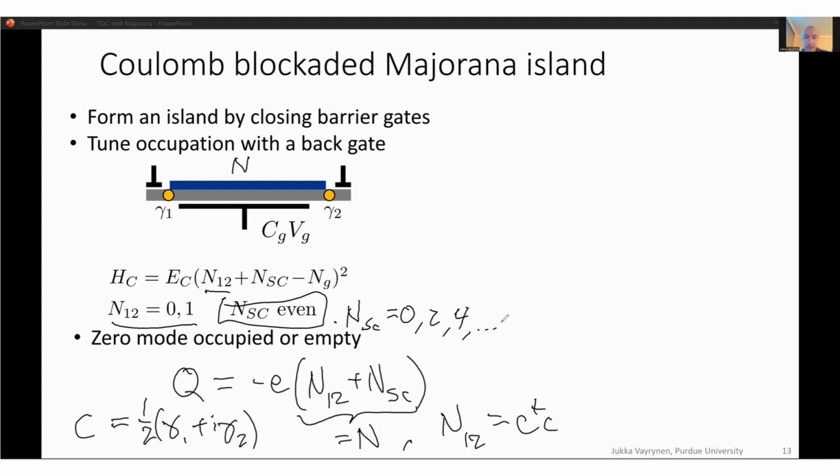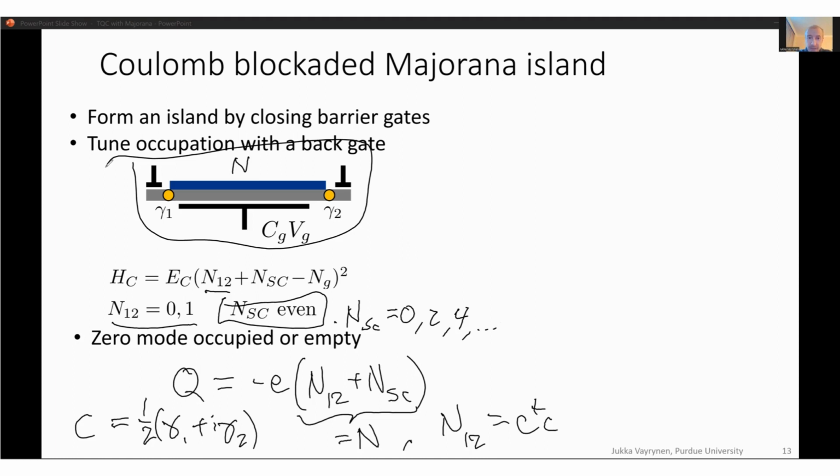And actually, these two numbers, N12 and NSC, are all you need to define the state of this simple quantum system, because there's no spin. We are in this spinless regime, so this charge is all you need to write the state.